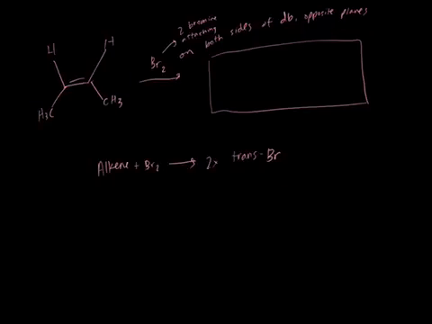We could say one bromine is wedged and one's dashed, but to make life a lot simpler, we tend to just draw the bromines physically trans with respect to each other, without the usage of planes if possible.